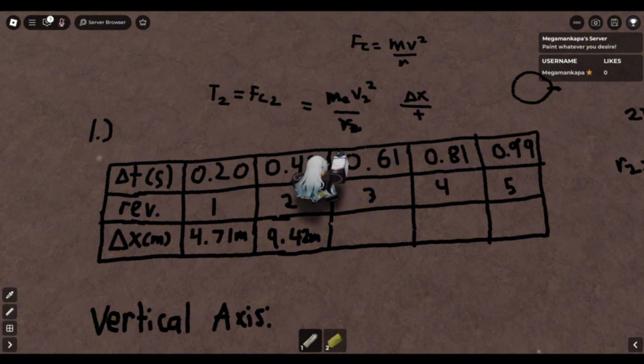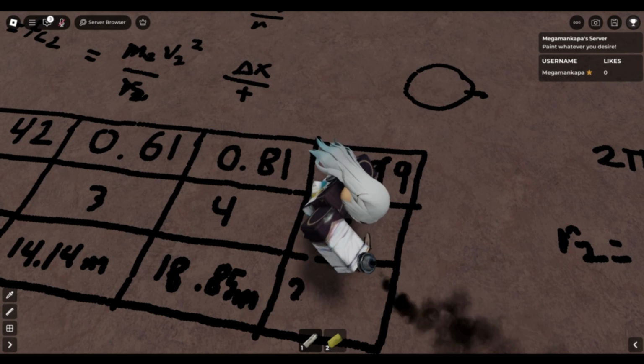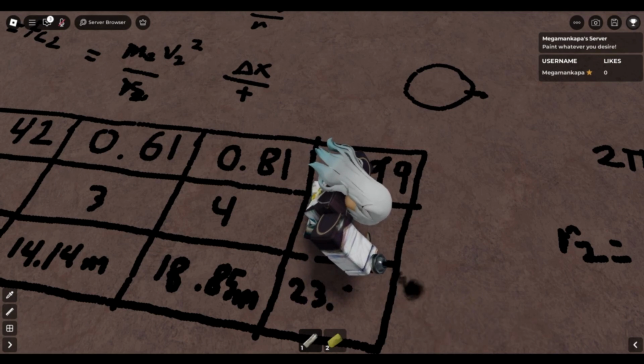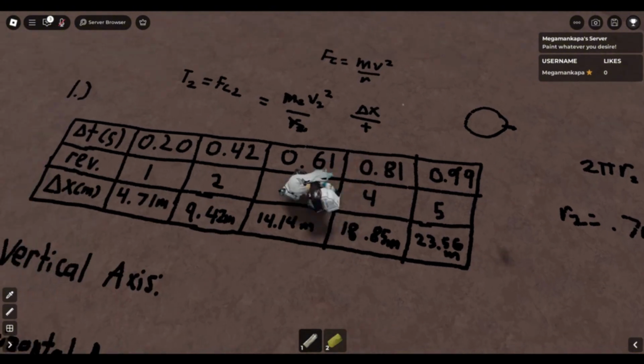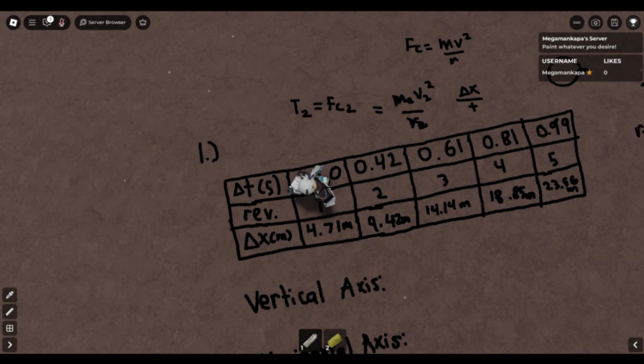Now, 3 revolutions. 2 pi times 0.75 times 3, 14.14 meters. 4 revolutions. 2 pi times 0.75 times 4, 18.85 meters. 5 revolutions. 2 pi times 0.75 times 5, 23.56 meters.